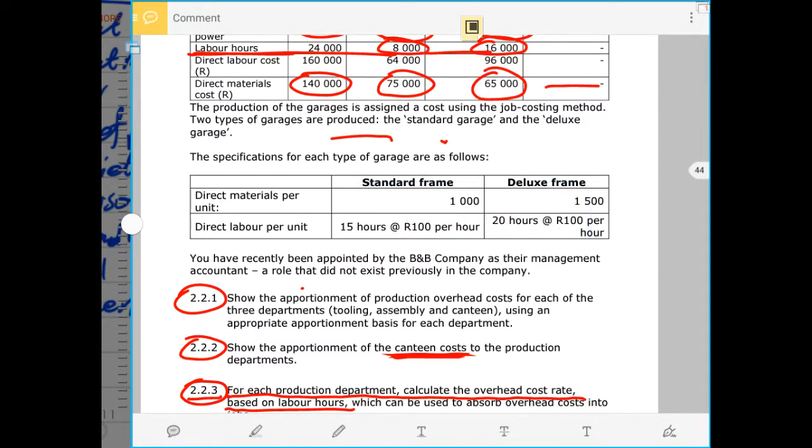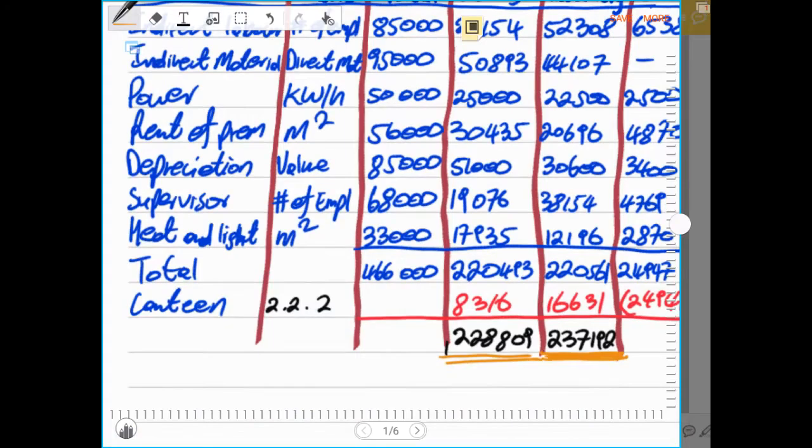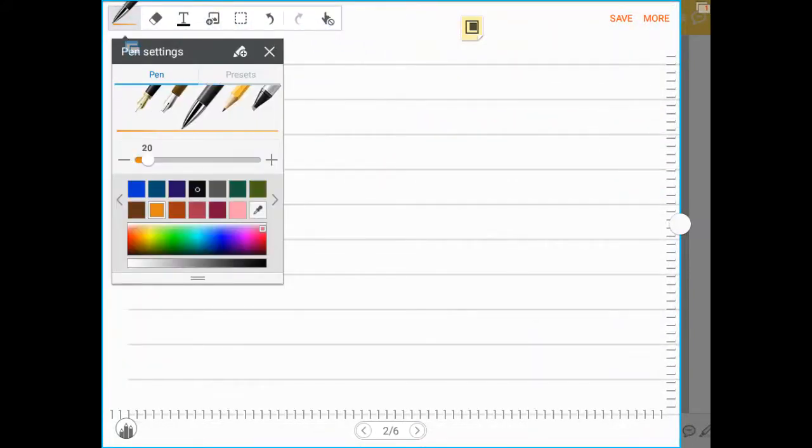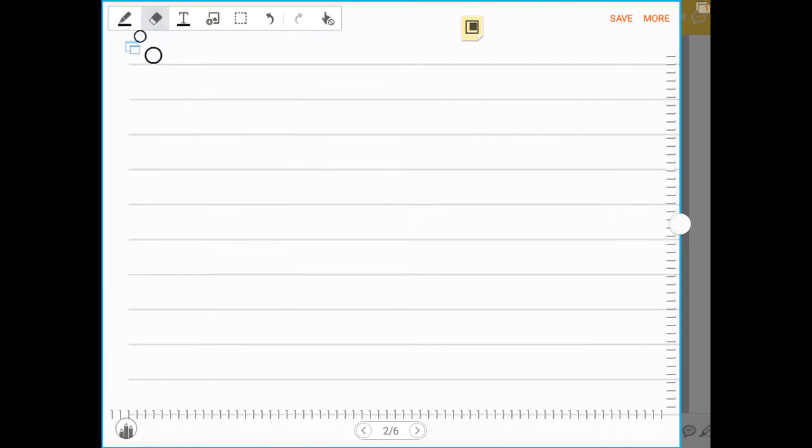So now we want to calculate the total cost of completing one garage. So now let us just go to that, which is requirement 2.2.4, I think so.